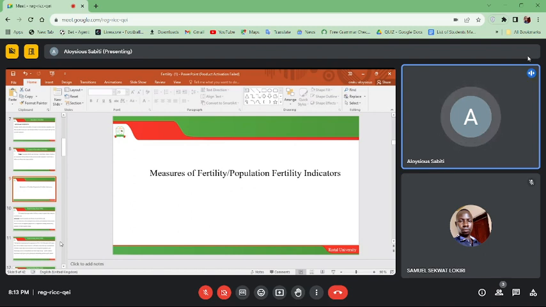And then you can also use this in designing the kind of interventions, but also in trying to understand some of the challenges that face a particular population. These challenges might arise as a result of the composition of your population.